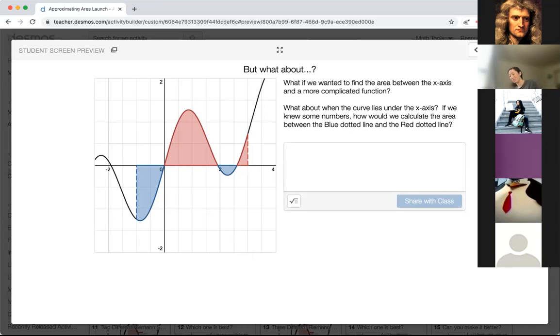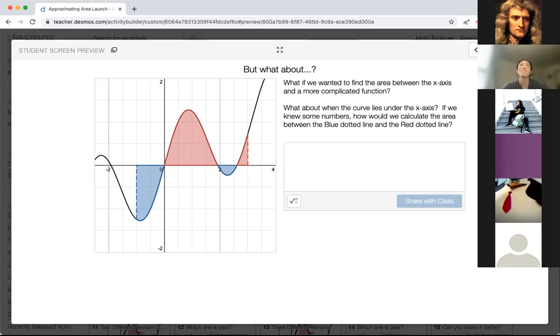Okay, so blue is negative and red is positive. Let's root this in the context of our problem here. So the blue area, I would say, is considered negative area, negative because it is below the x-axis, whereas the red area is considered positive area because it is above the x-axis, okay?